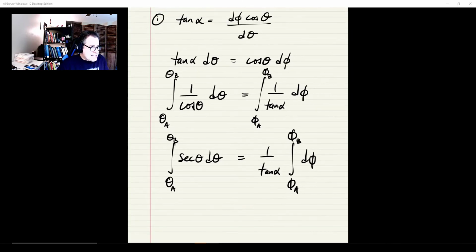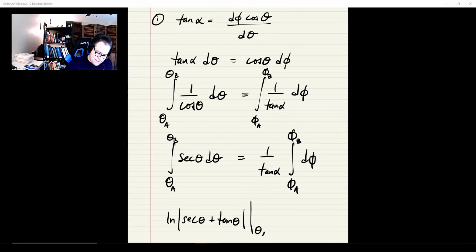So now we need the antiderivative for secant, and that's in the Calc 2 class, and usually hard to find applications of that. This is it right here. The antiderivative is the ln of secant theta plus tangent theta. I'll leave that for your calculus teacher to prove.